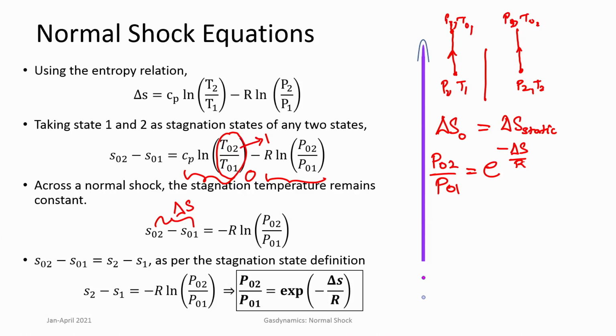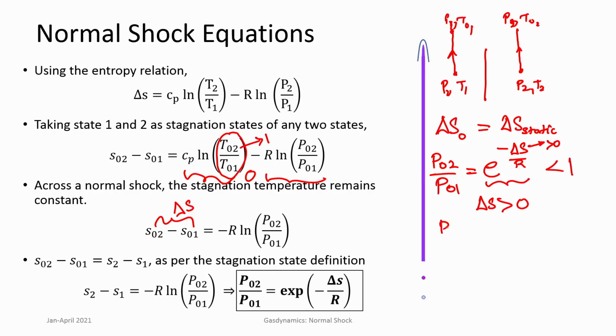Now just now we had discussed that the entropy always increases across a normal shock. So delta S is always greater than 0. That means this term is greater than 0, which means that e to the power minus delta S by R will be less than 1.